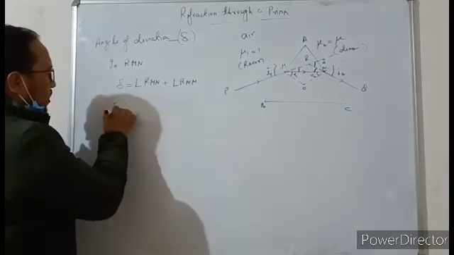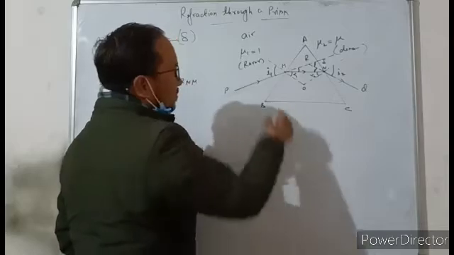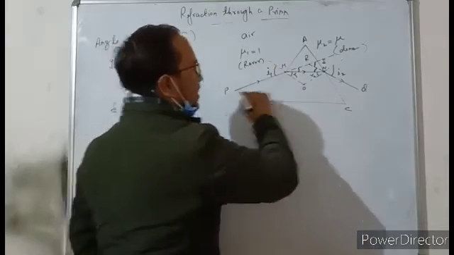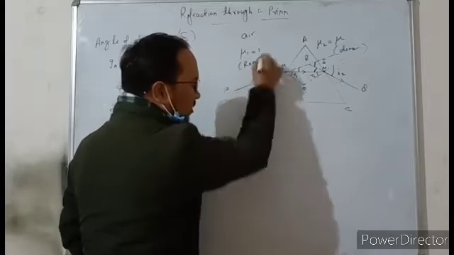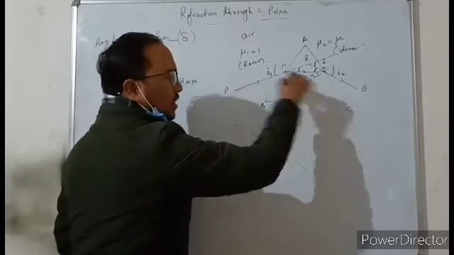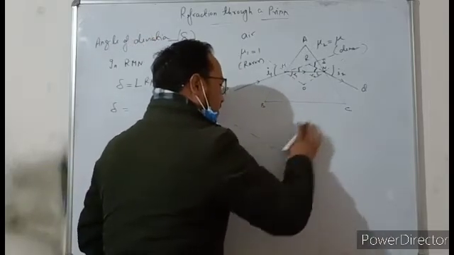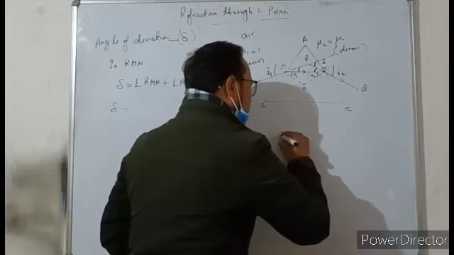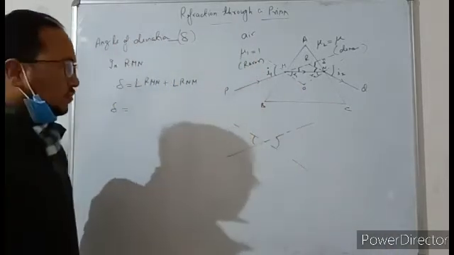Now delta is equal to... Students, as you can see, this is the normal and this is the incident. I am drawing the figure again here, students. This is our normal and this is our incident ray, and here I produce it in forward direction. So these angles are vertically opposite angles.